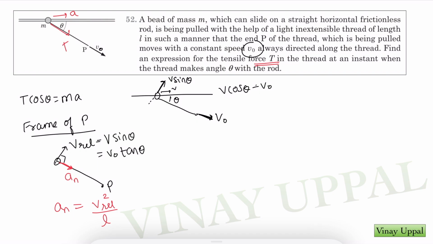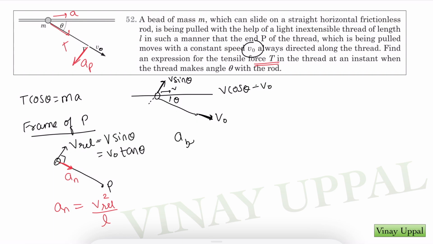Now, I would like to express An in terms of the acceleration of the bead in the ground frame. The question says that the point P has a constant speed always directed along the thread. Therefore, the acceleration of point P along the string will be 0, because there is no change in the velocity component along the string. So any acceleration of point P will be perpendicular to the string.